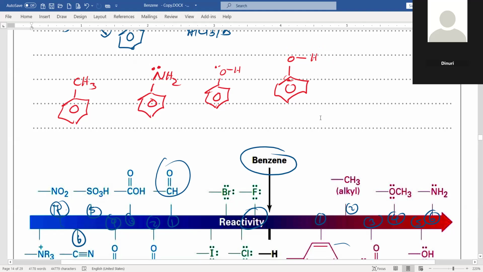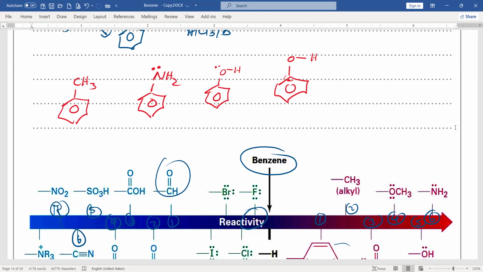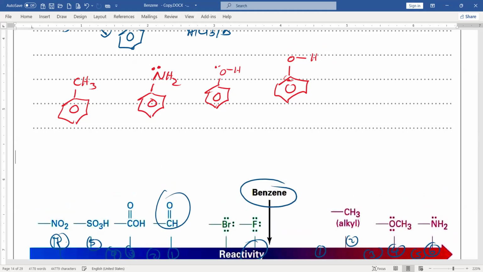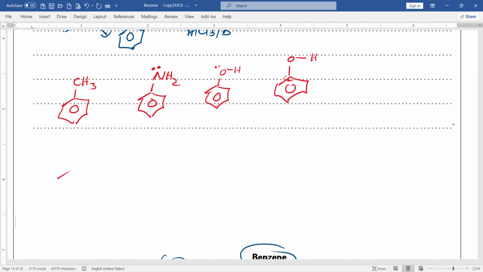Then the other thing is, all these we call ring activating groups. But when a halogen like chlorine is attached to the benzene ring, because of the presence of lone pairs, it can give electrons towards the ring and can activate.